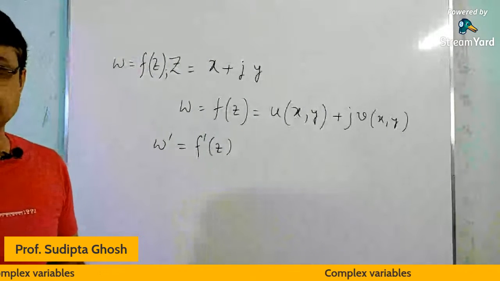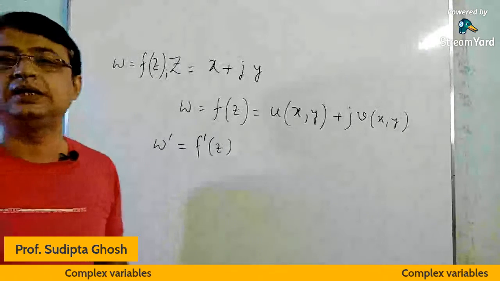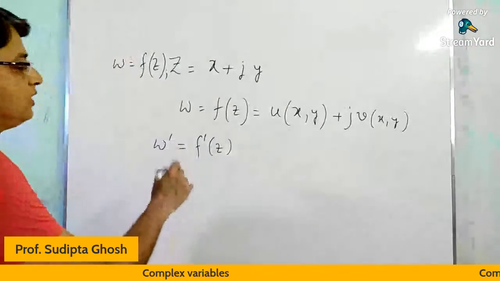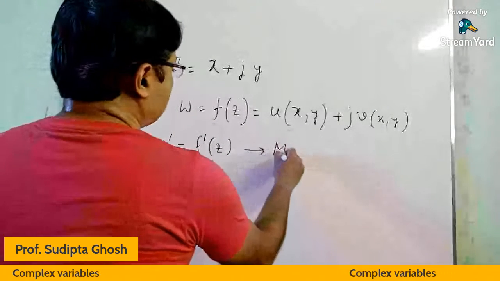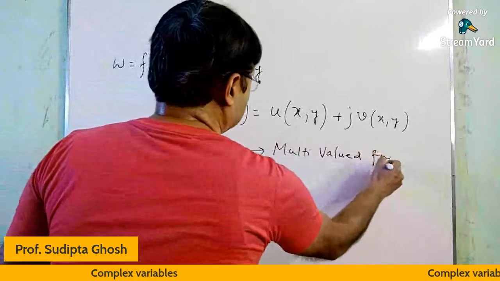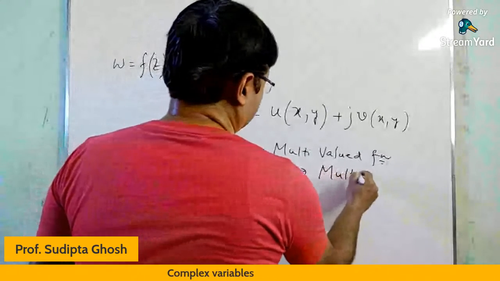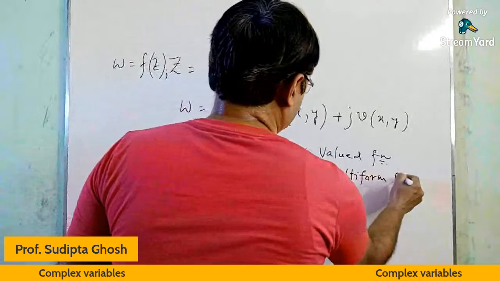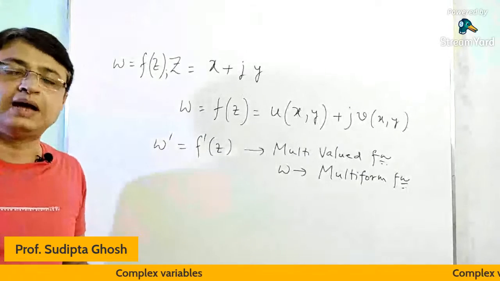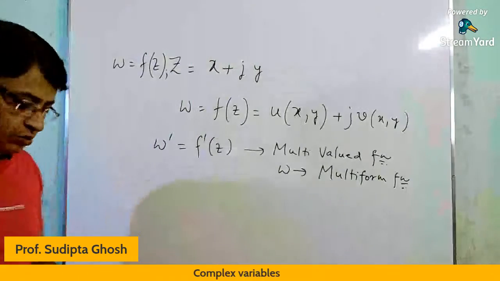If W prime is a multi-valued function, then the complex quantity W is called a multiform function, because W prime, that is dw/dz or f prime z, has multi values.